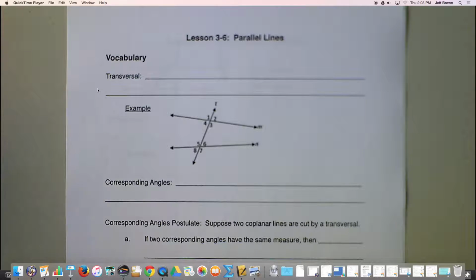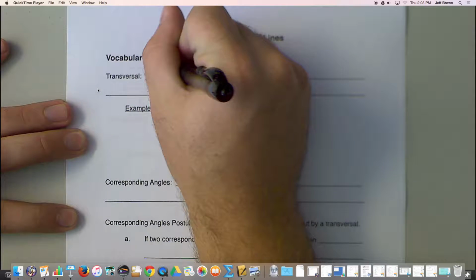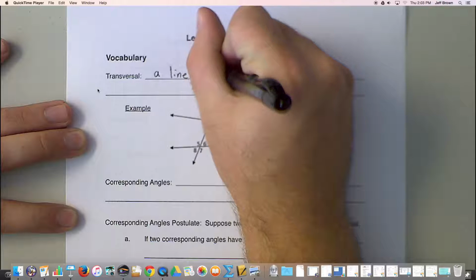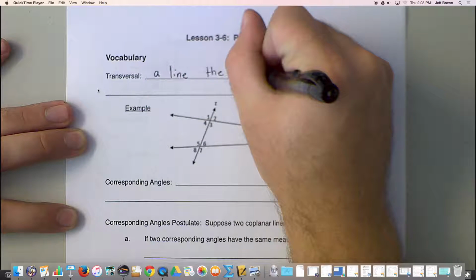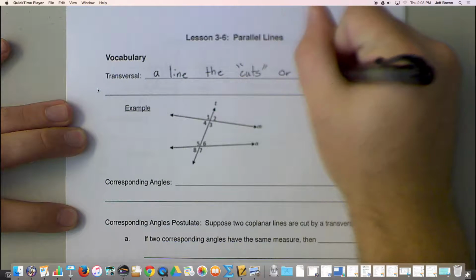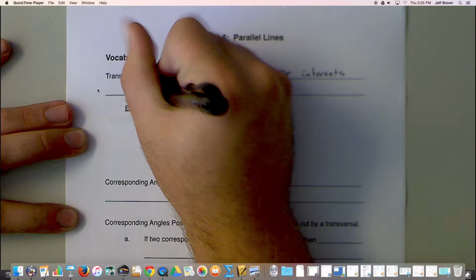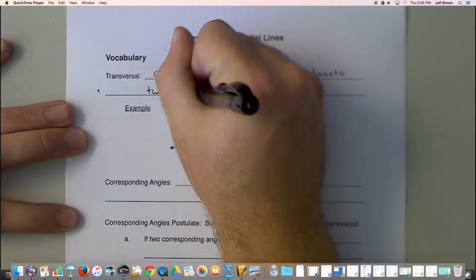So we have a couple of vocabulary terms that we want to get out of the way before we start. The first one being a transversal. So a transversal is just a line that cuts or intersects two lines other than itself.